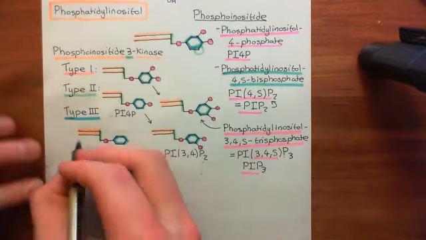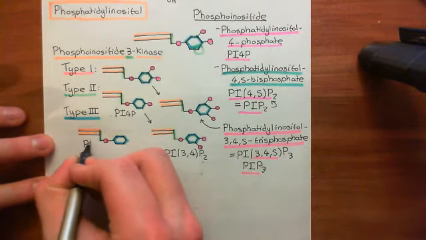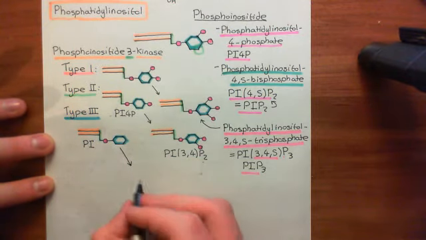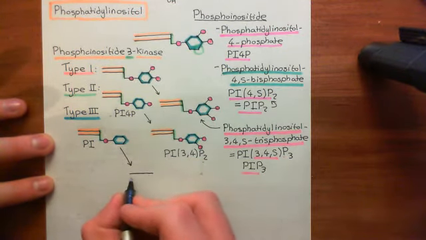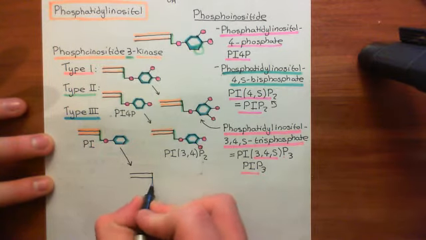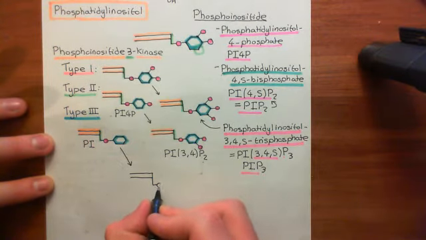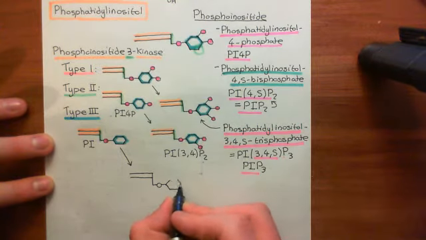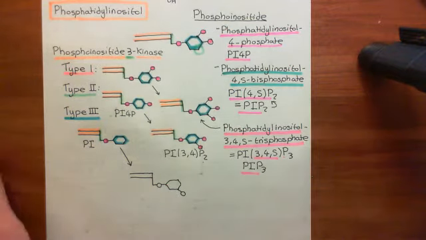So this is phosphatidylinositol, which we'll just abbreviate to PI. And now type 3 phosphoinositide 3-kinase enzymes are going to phosphorylate the alcohol group that comes off the 3rd carbon of the inositol ring in these phosphatidylinositol molecules. And therefore, they are going to create a molecule that looks like this.